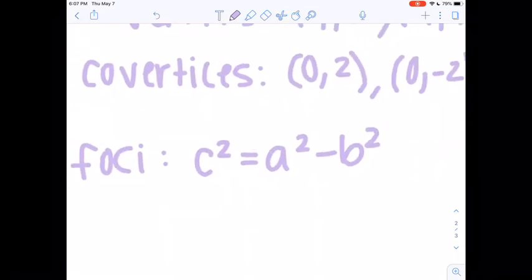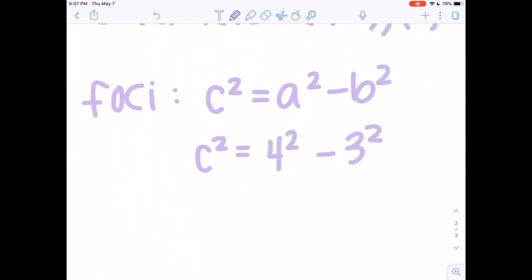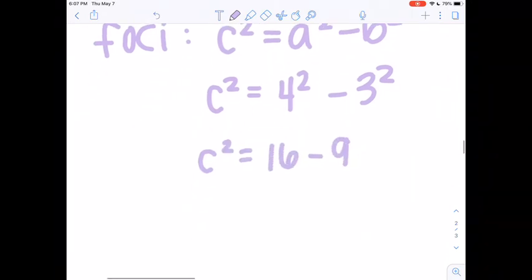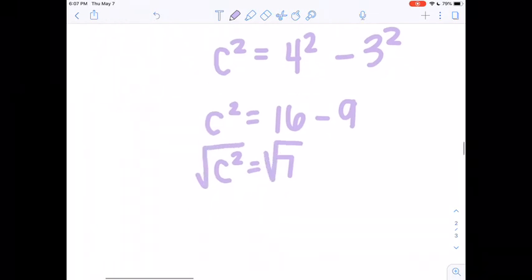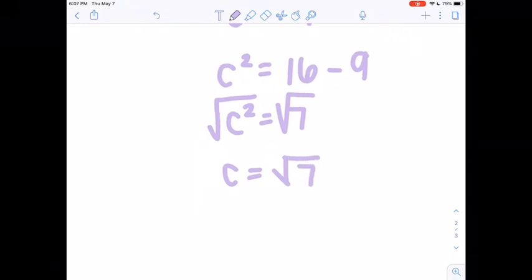So c squared is equal to, well, we know a is 4, and we know b is 3. So c squared equals 16 minus 9. So c squared is equal to 7. Okay, and then I'm going to solve by taking the square root. So c equals the square root of 7.